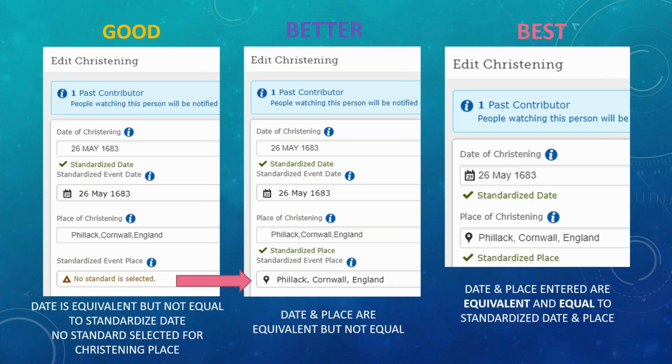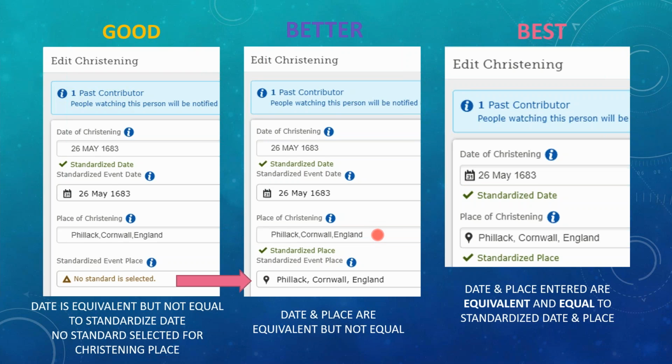But what I have found is that using what's best is, notice that these two have now been collapsed. These are now equal. They are the exact same thing. I pressed the space bar and chose from the drop-down list, and now it's the same one. You can tell when they're using the standardized because it has this little calendar next to it. Same thing with place of christening.